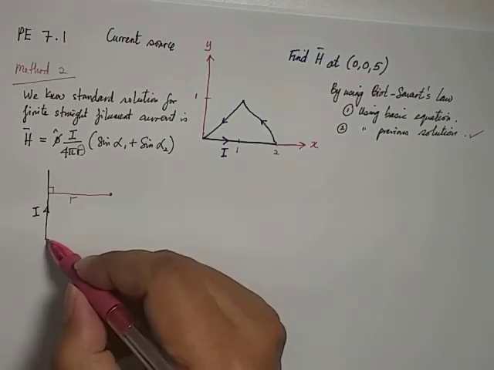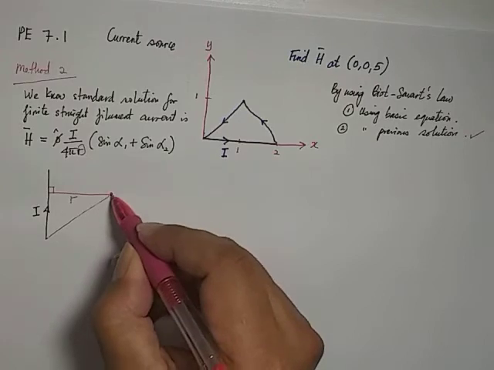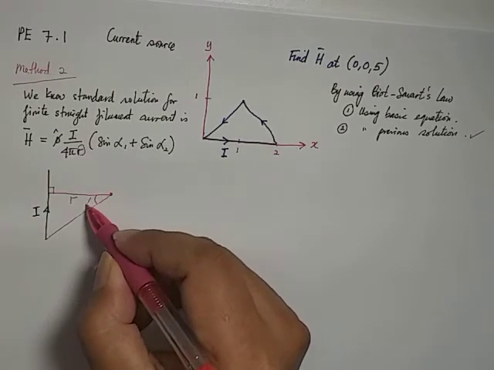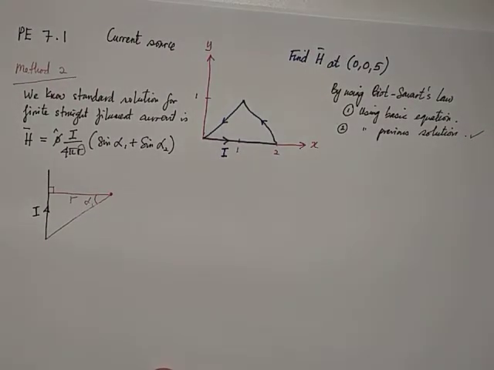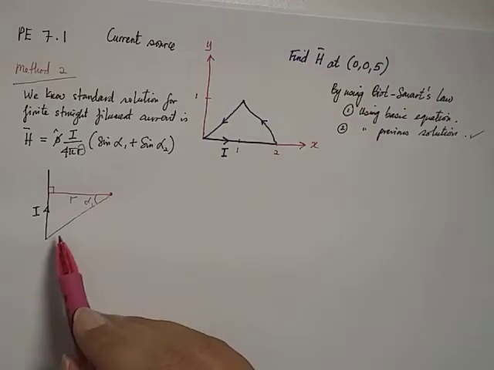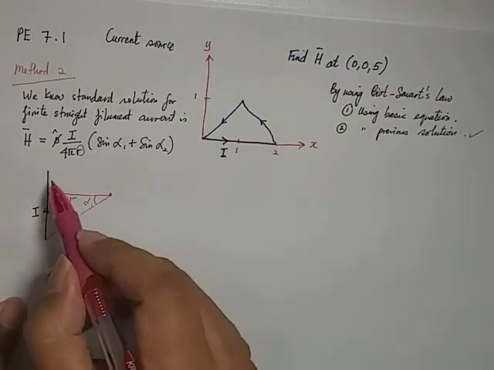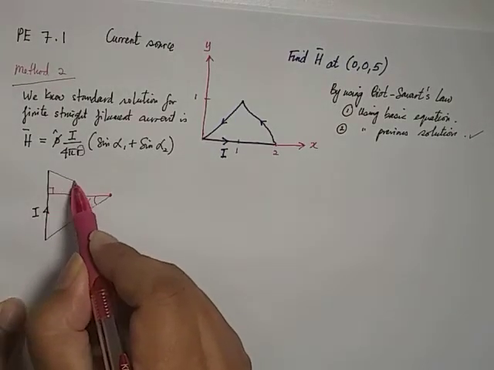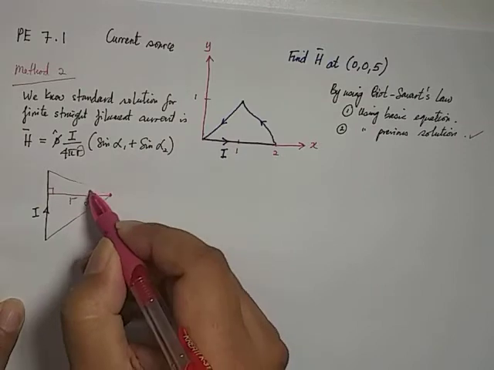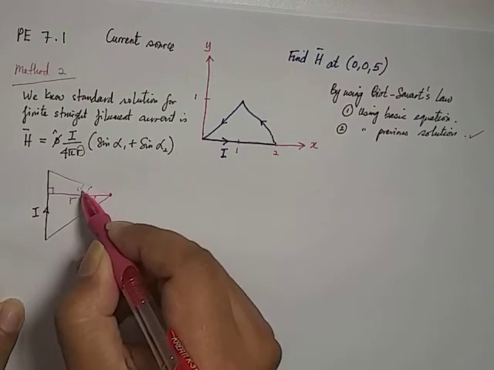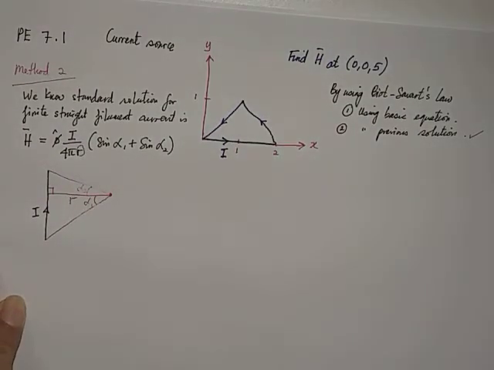Then we define angle alpha 1, which refers to the point where the current is starting, and angle alpha 2, where the current is ending.